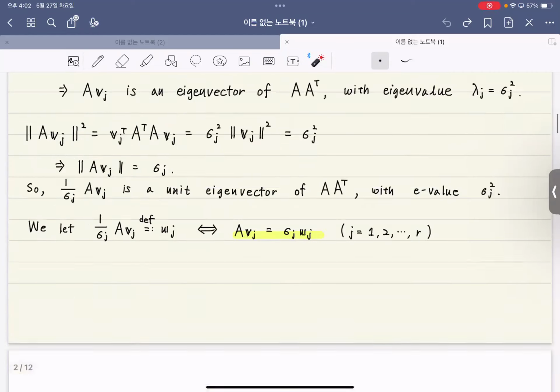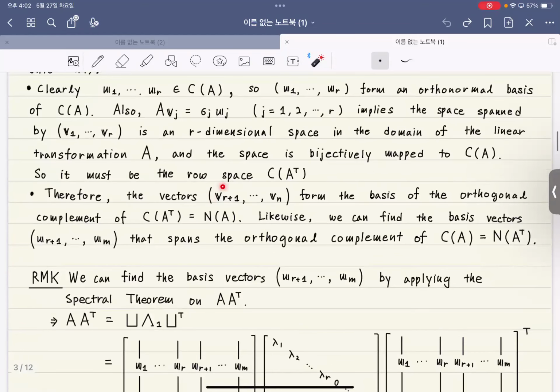Because these vectors are clearly orthogonal to this space, right? And the space spanned by these vectors has dimension n minus R, which is precisely the same as the dimension of the null space.